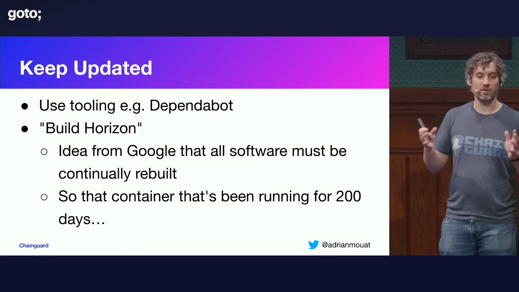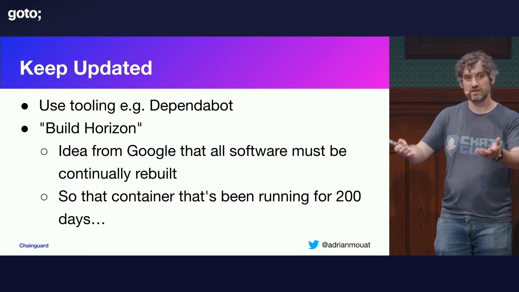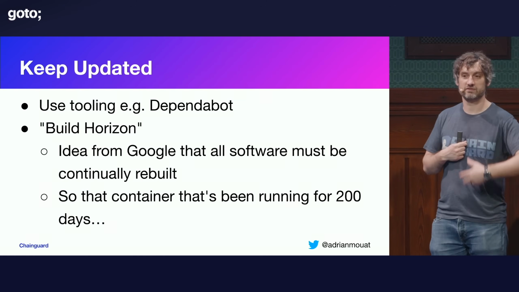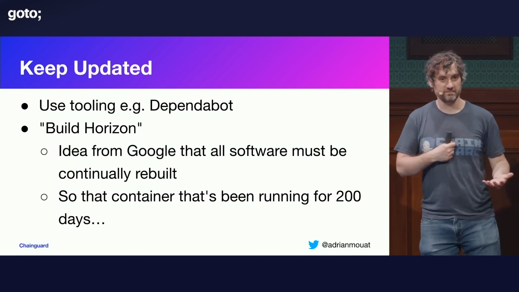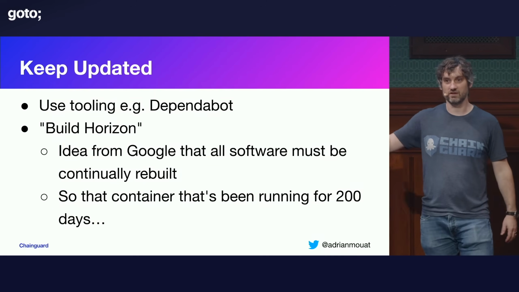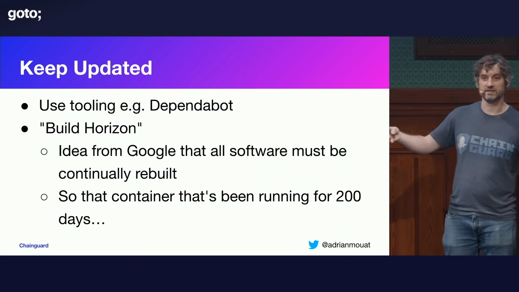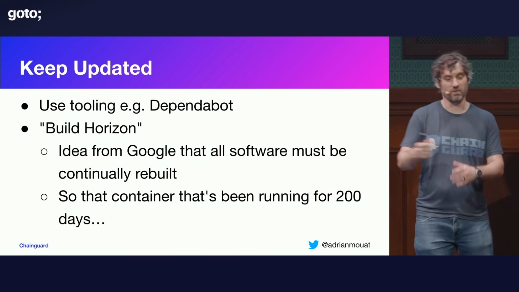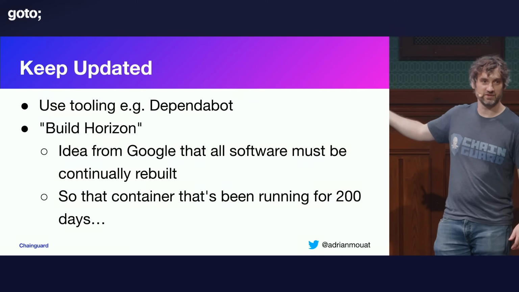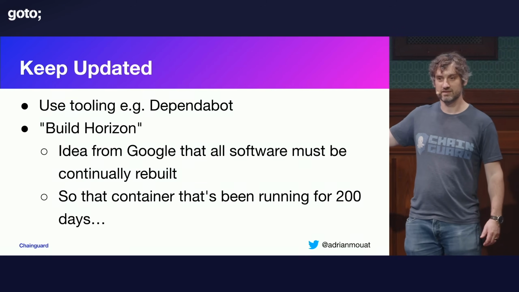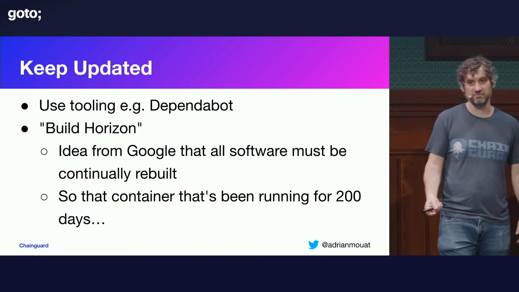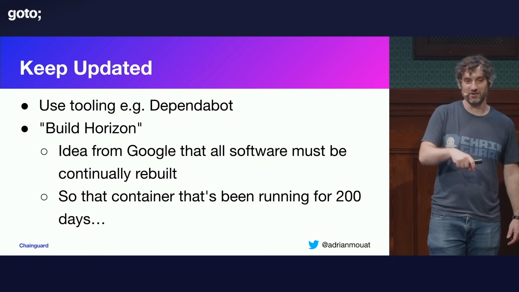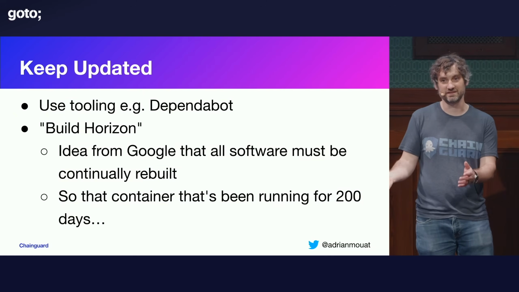Even if there's no updates to the code for that service, they will replace that service with a fresh version. The reason being that, of course, there might be updates to other software dependencies or the operating system and so on. So you don't actually want a service that's been running for 200 days in production. I think we used to use it as a stamp of reliability, but you can also see it as a stamp of, hey, there's probably vulnerabilities in this.